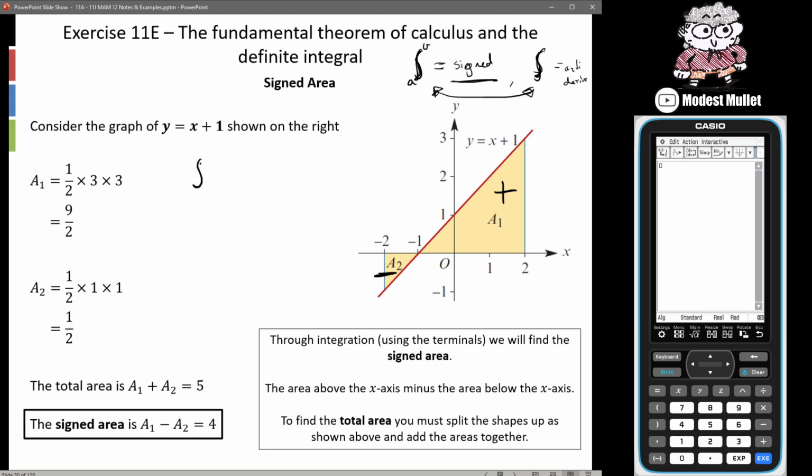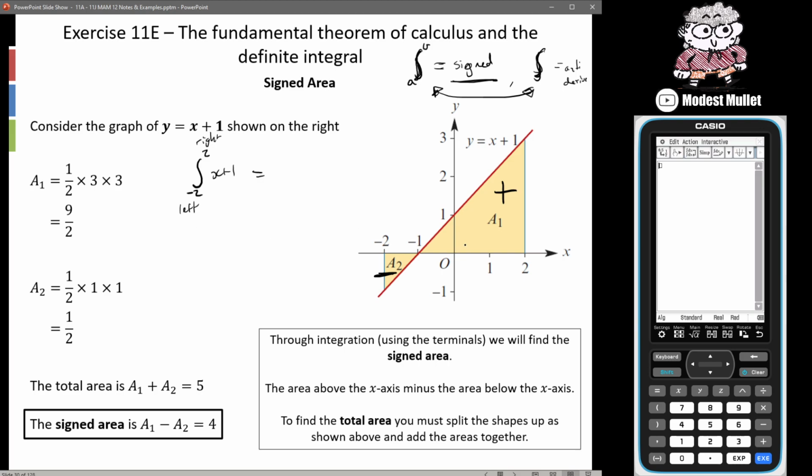So in this case, we're finding the definite integral between -2 on the left and 2 on the right. You want to get in the habit of always writing one of these working left to right, where at the bottom is the left and at the top you put your right number.